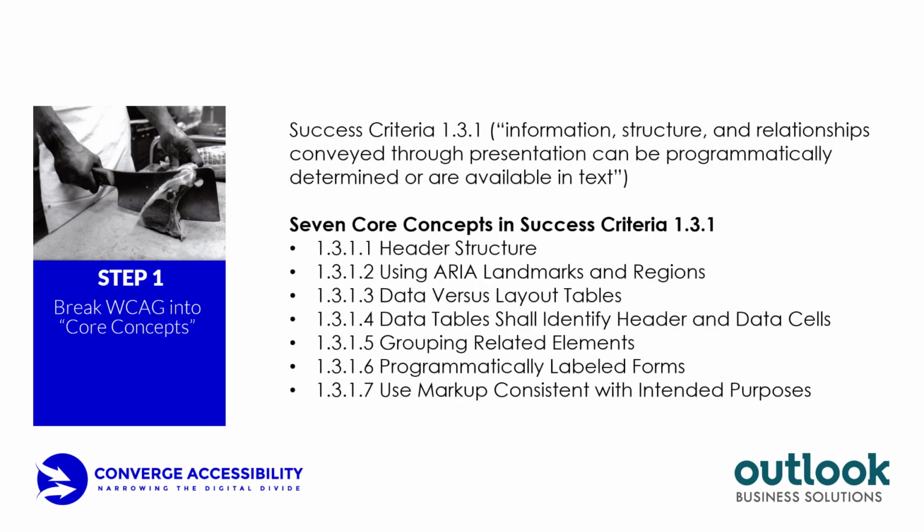On the screen is an example of how we break up success criterion 1.3.1 into 7 meaningful core concepts, which are all covered by that success criterion. These topics cover things such as header structure, ARIA landmarks, tables, and grouping of related elements on the page.